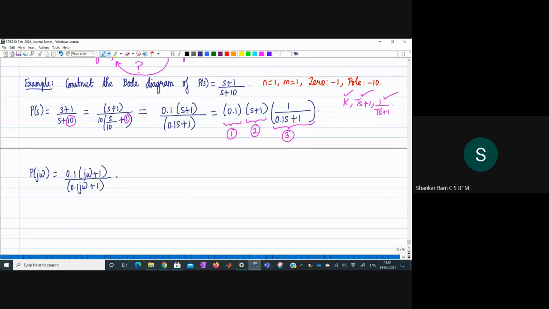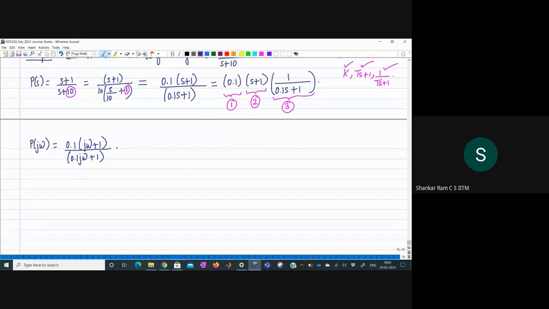All right, so this is how we can rewrite the sinusoidal transfer function.